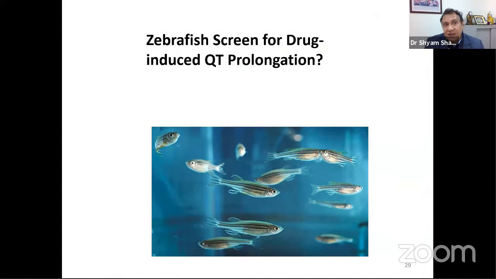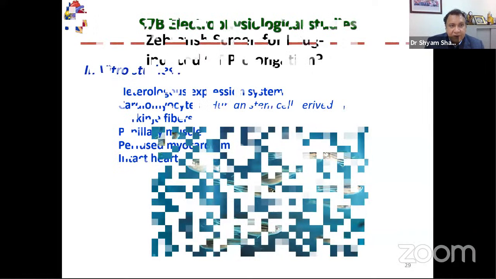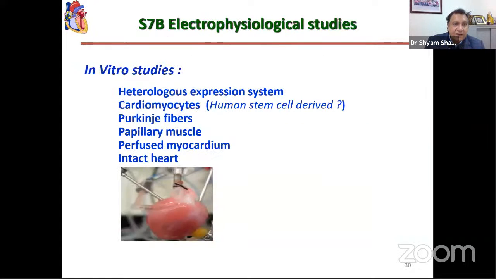Some people nowadays are trying whether zebrafish can be used, but again, the regulatory agencies still have not considered this method. They are just under evaluation and you can't use it. In the case of heterologous expression systems, you can use some of them. Human stem cell derived cells can also be used.